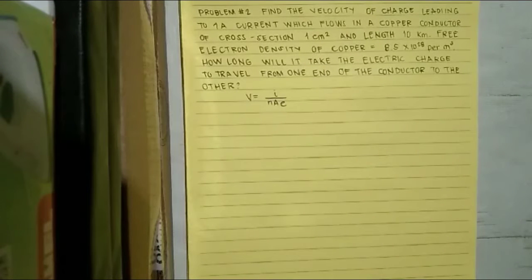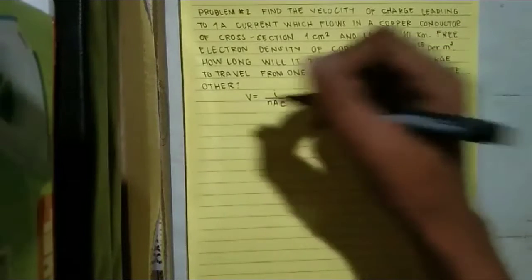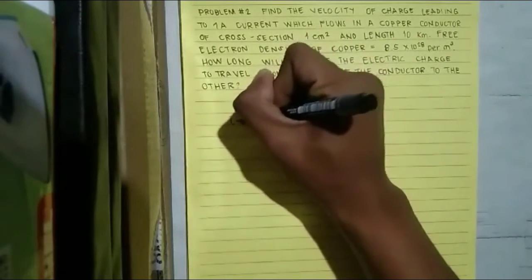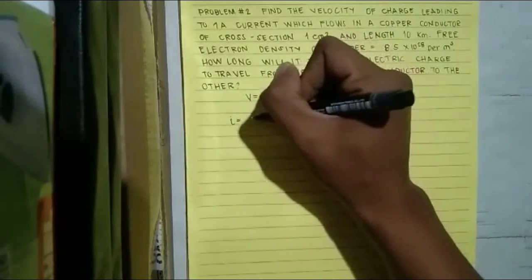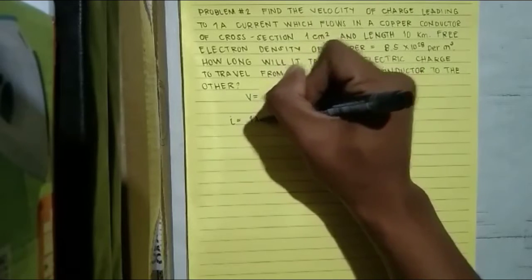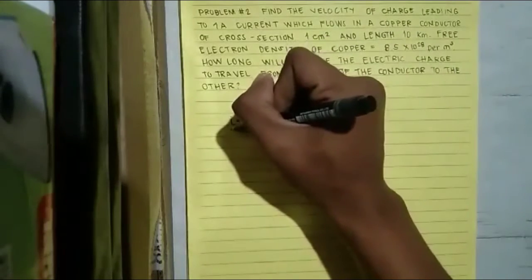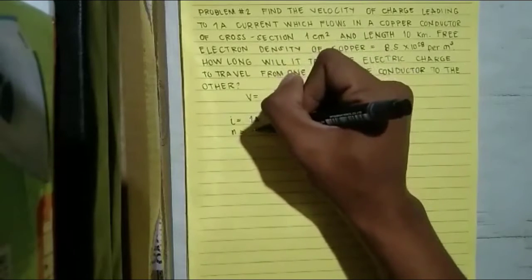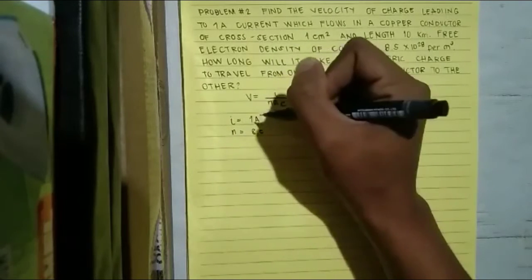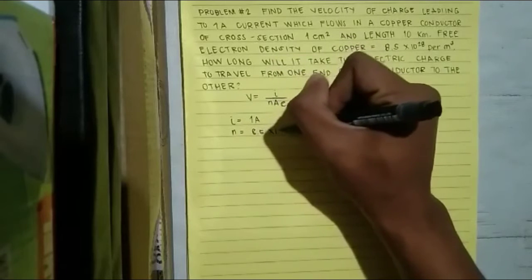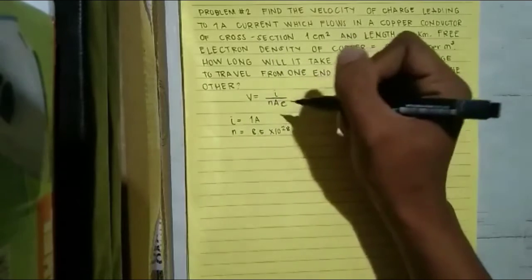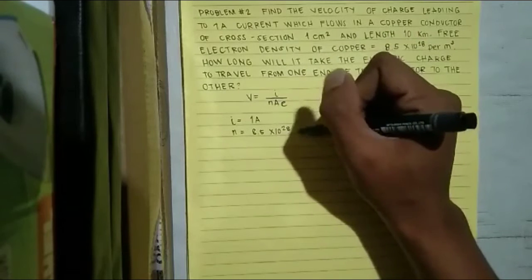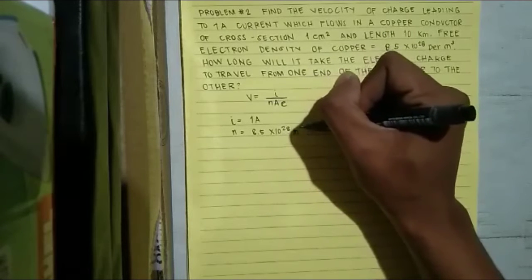Isa-isahin natin ang variables ng I, N, A, at E para mas mapadali ang substitution natin. I is our current, 1 ampere. N is our free electron density, 8.5 times 10 raised to 28 meter cube.